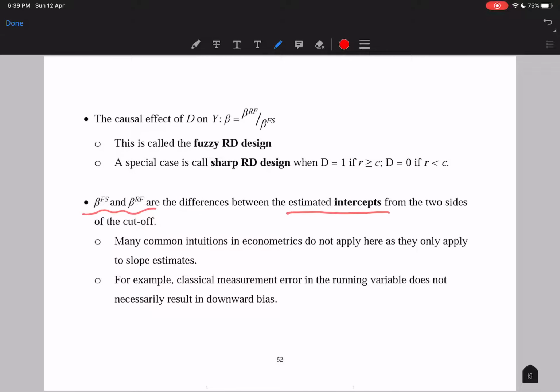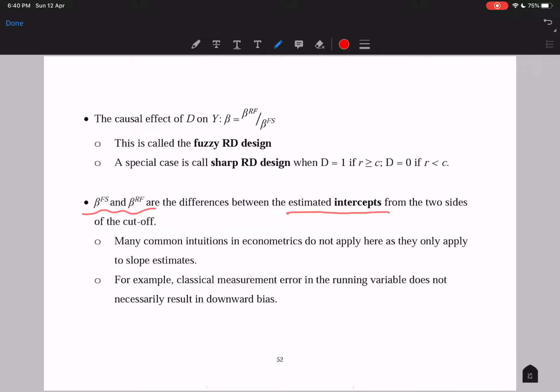Typically in a regression framework, our beta is the slope, right? Most of the time, like the OLS estimate and the IV estimate, it is the slope. The RD estimate is different. It's actually the intercept, or the difference of the intercepts.